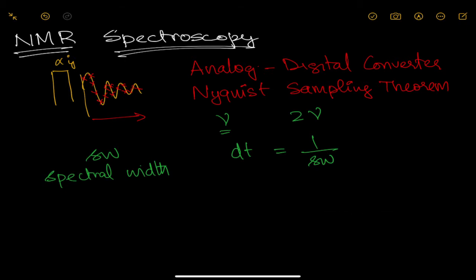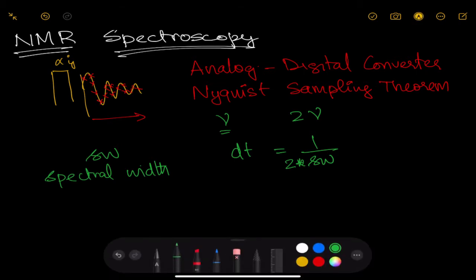But the point that you must remember is that since you have to at least sample twice as fast, you're going to have 2 times spectral width there. So the spectral width is also the window in which you would like to measure the signals that are present.